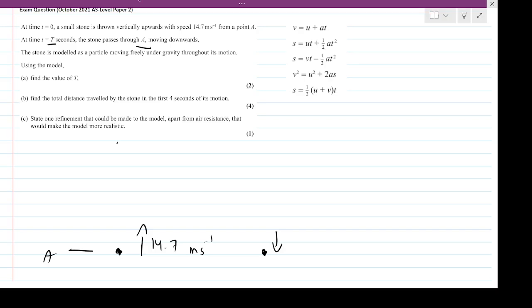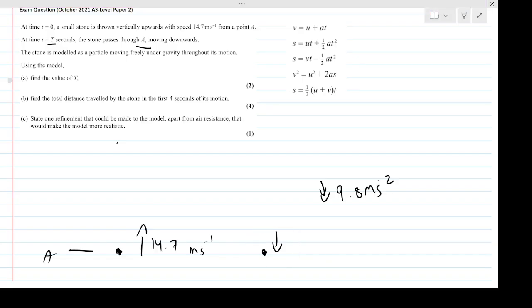And again, acceleration downwards is always going to be 9.8. So that's the idea. We start at the point A with this initial speed, and then we return back to A. I'm not given the speed there. I'm also given the time as T, and I need to find T firstly.